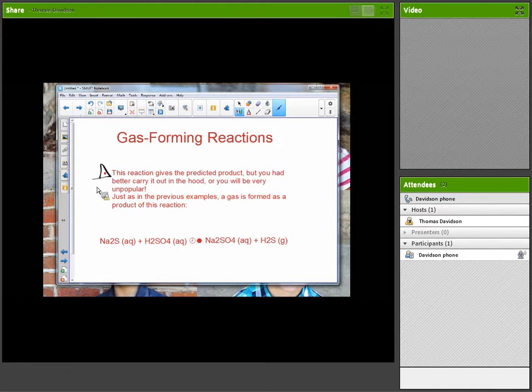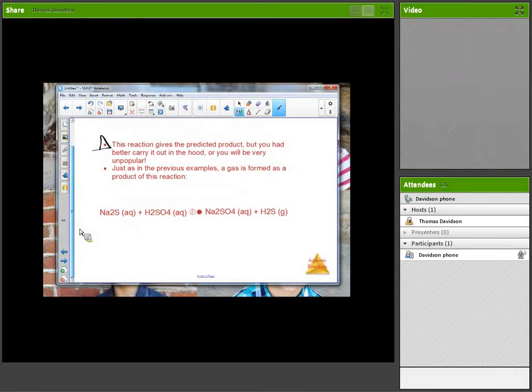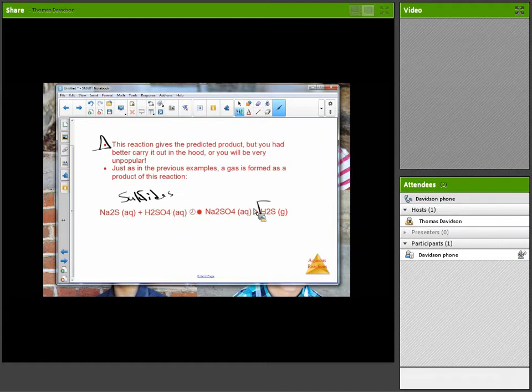If you do this, you won't be very popular because it stinks. All right. So the last one we need to add is sulfides, and carbonates. This one, it's just the same. It's a different formula, but it stinks really, really bad again.